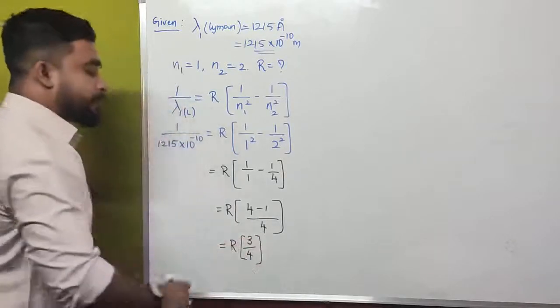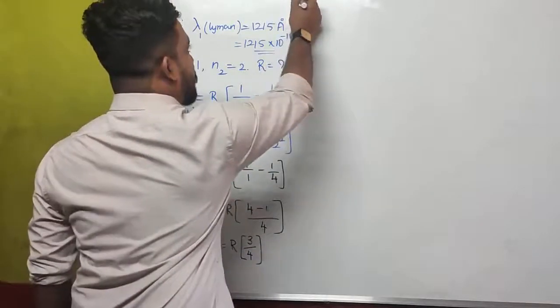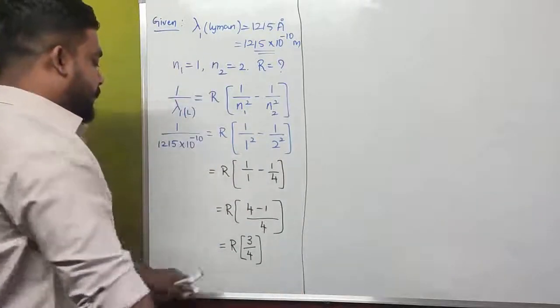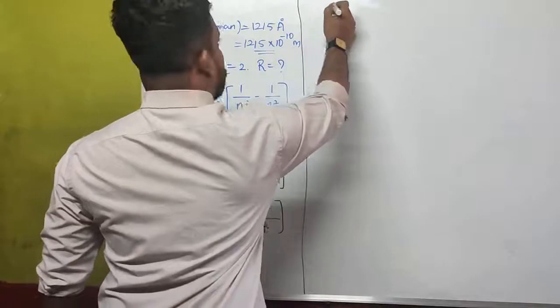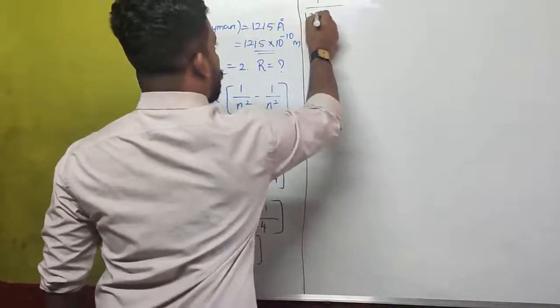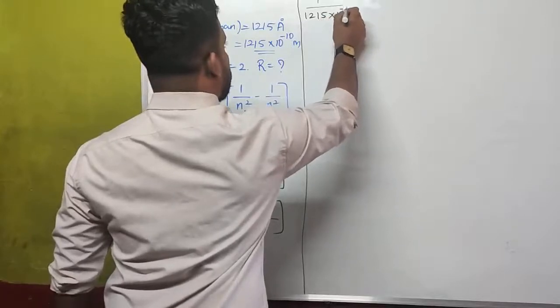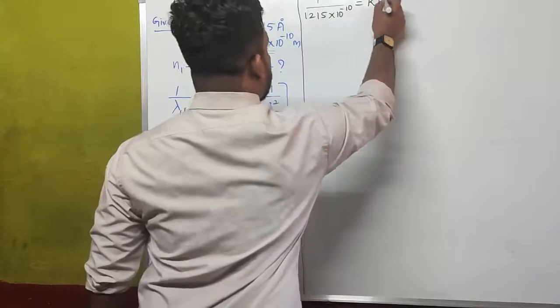Actually 3 divided by 4 is nothing but 0.75. So we have 1 divided by 1215 into 10 to the power of minus 10 is equal to R into 0.75.